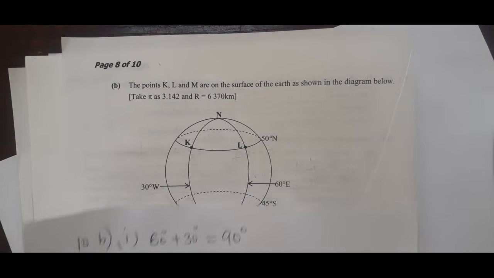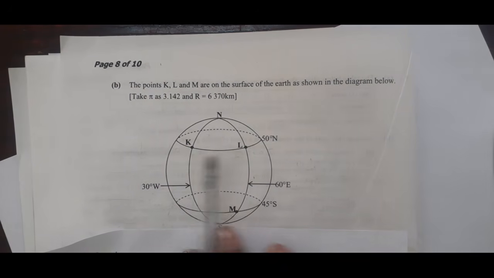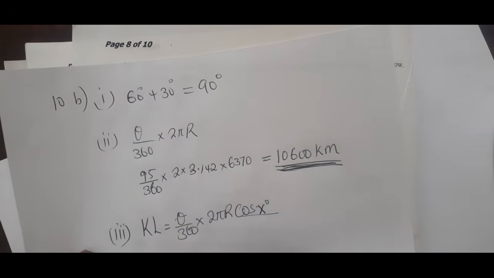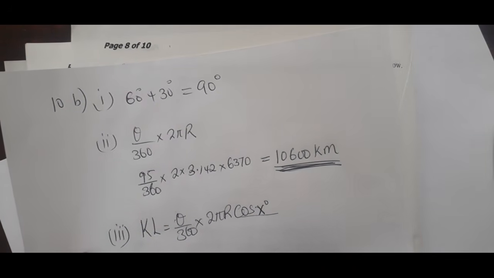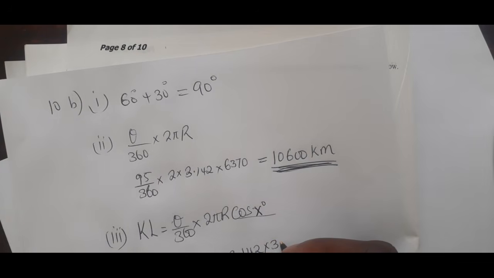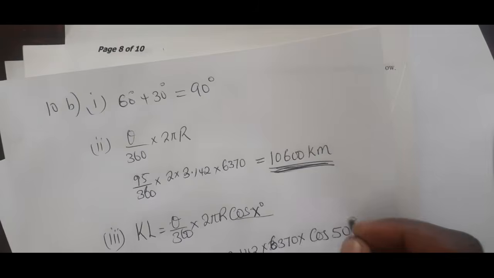So now the first thing that we're supposed to do again, we're saying theta here is the difference in longitude, which we already found as 90 over 360 into 2 multiplied by 3.142 multiplied by 6,370 multiplied by cos 50 degrees.